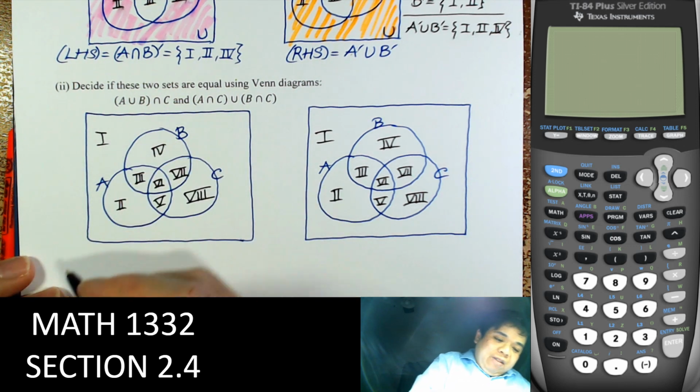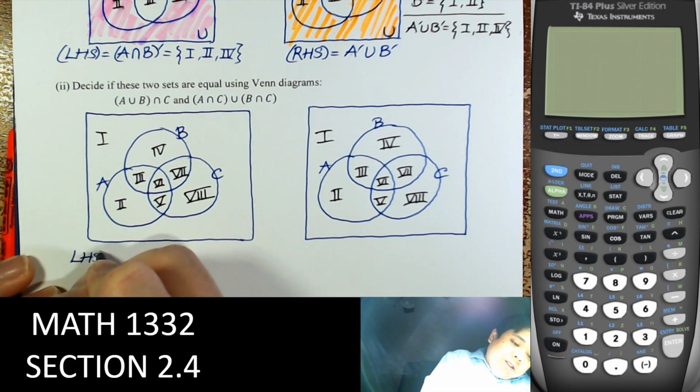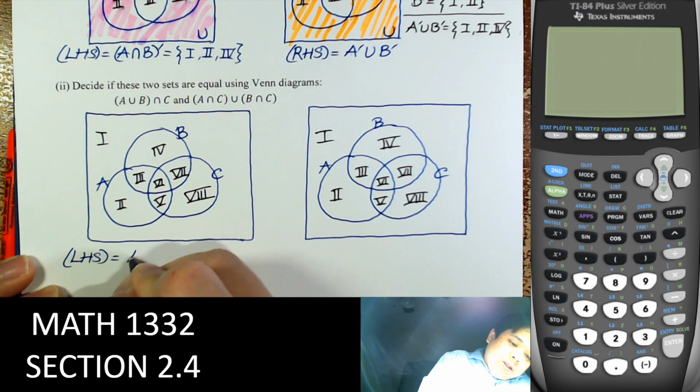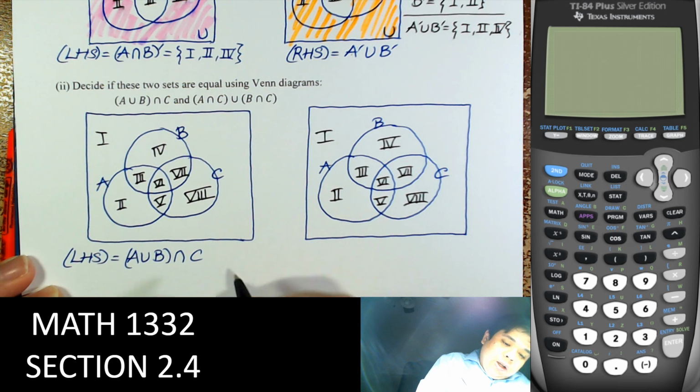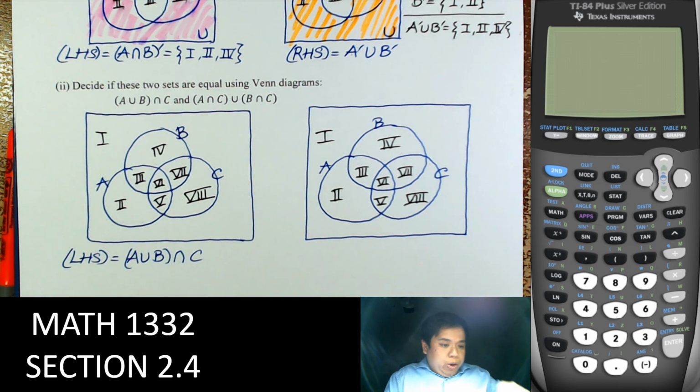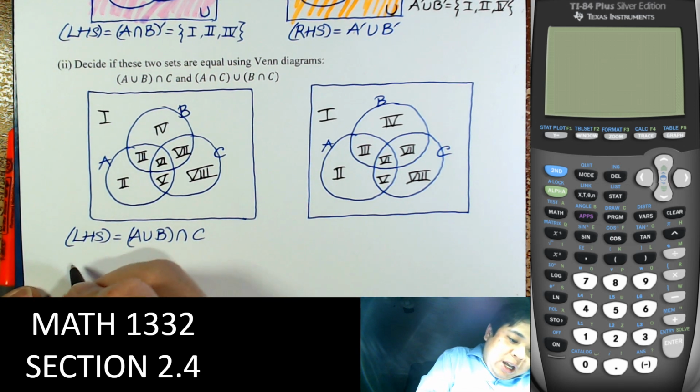Now, the left hand side. For this, we do the inside of the parentheses first. What is A union B?